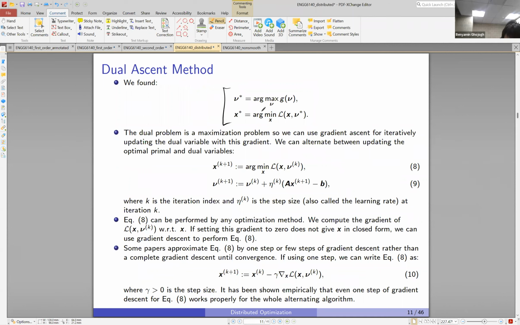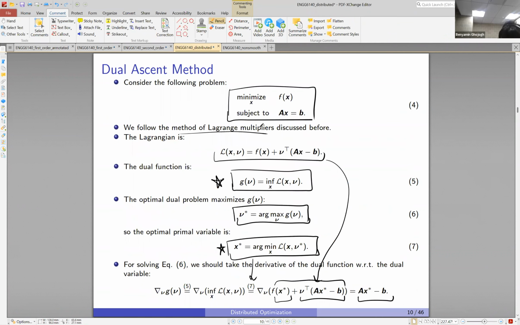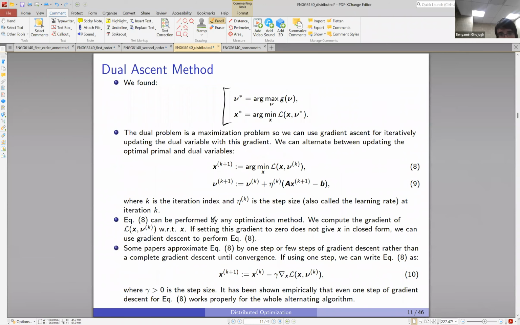Nu star, we know that is the argmax of g(nu) with respect to nu, and x star is the argmin of the Lagrangian of x and nu star with respect to x. Okay. The dual problem is a maximization problem. Yes, we know that. This is a dual problem, equation 6. It's a maximization problem.